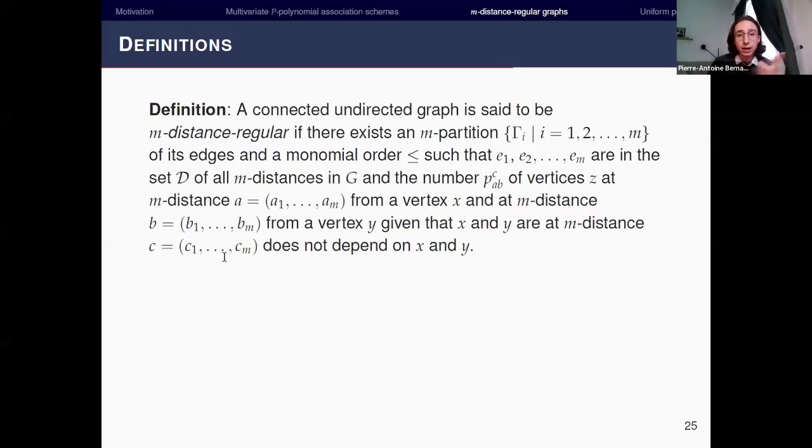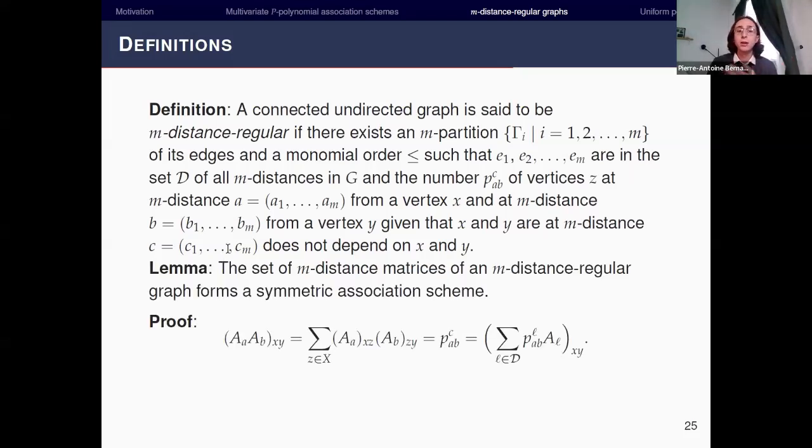And from this definition, it's very simple to obtain a lemma, which is the analog of what is known for distance regular graphs. Basically, that the m distance matrices of an m distance regular graph give a symmetric association scheme. And the proof is exactly the same as you do for distance regular graphs. You look at the entry xy of the product of the m distance matrices AA and AB.